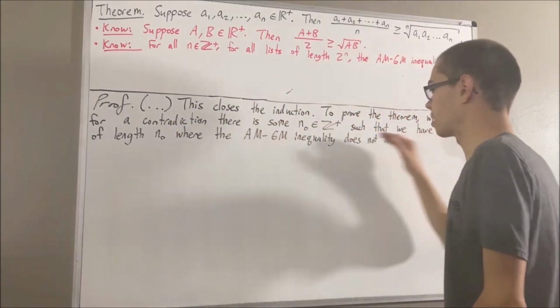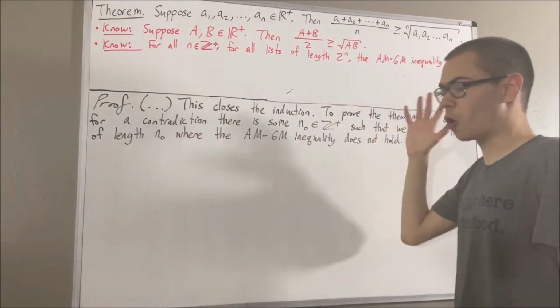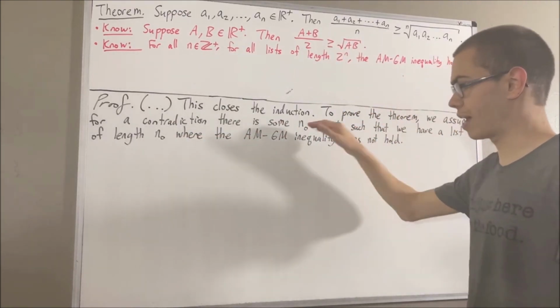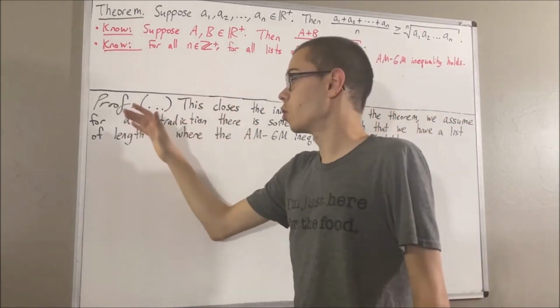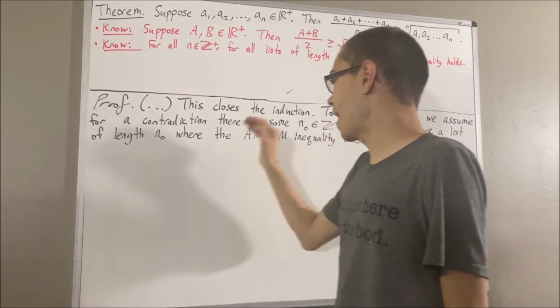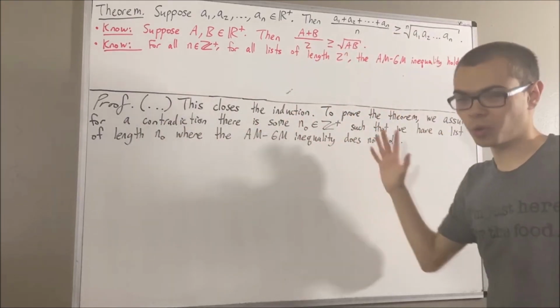Now, with this assumption, we are going to show for all positive integers n greater than or equal to n naught, there is a list of positive real numbers of length n where the AMGM inequality does not hold.